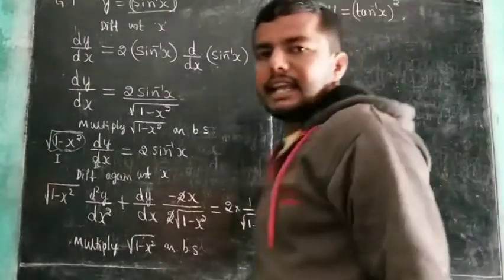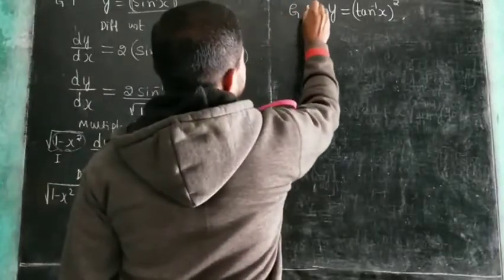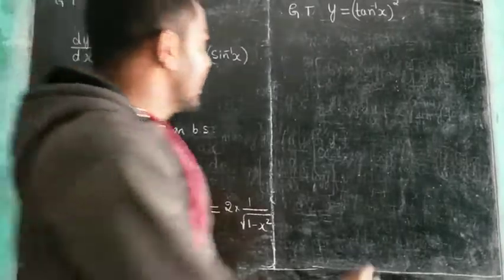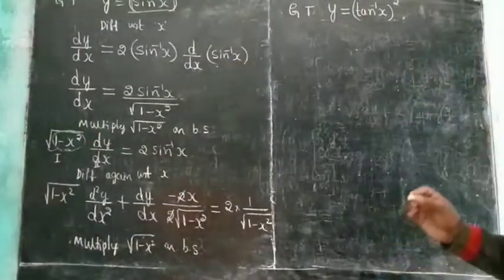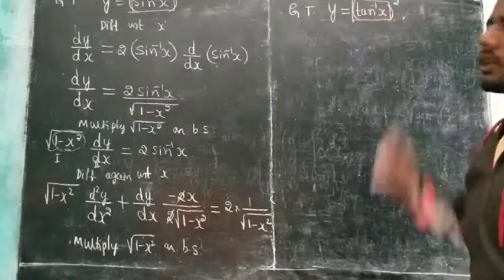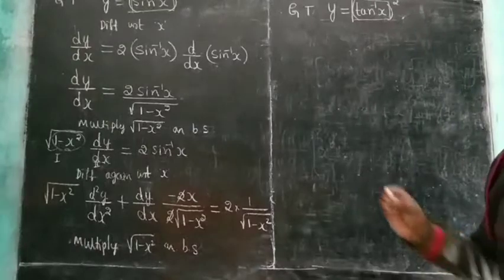First, we take the given equation, that is given that y is equal to tan inverse x whole square. It is of the form x to the power of n. So let us call the tan inverse x as dabba power n.